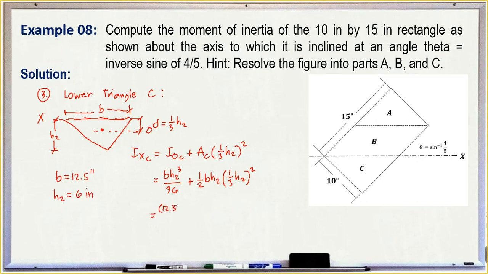So 12.5 times 6 cubed all over 36 plus 1/2 times base 12.5 times 6 times (1/3 of our height 6) squared. If you solve this, the result is 225 inch to the fourth. So this is the moment of inertia of the lower triangle.